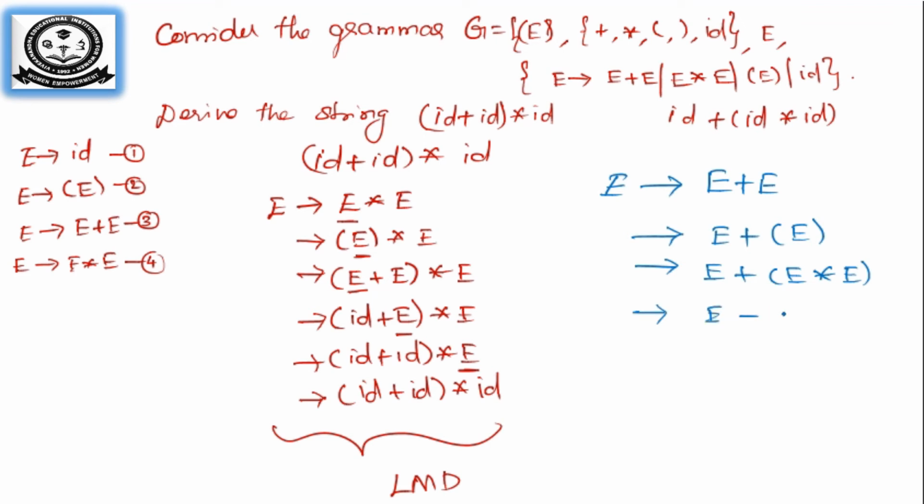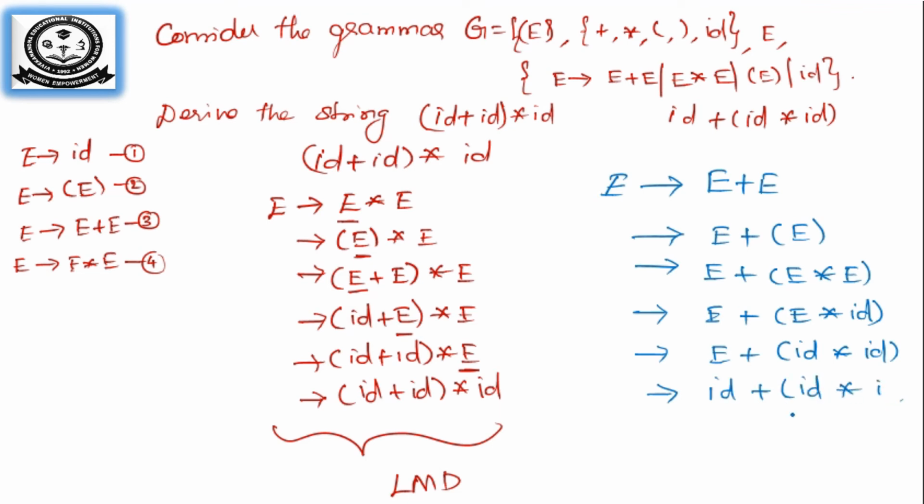See which one is getting substituted: E plus ID star ID, then again ID plus ID star ID. You can see for which E it is done here. Always the rightmost is replaced first, and after it is replaced we go towards the left. So this is an example for rightmost derivation.